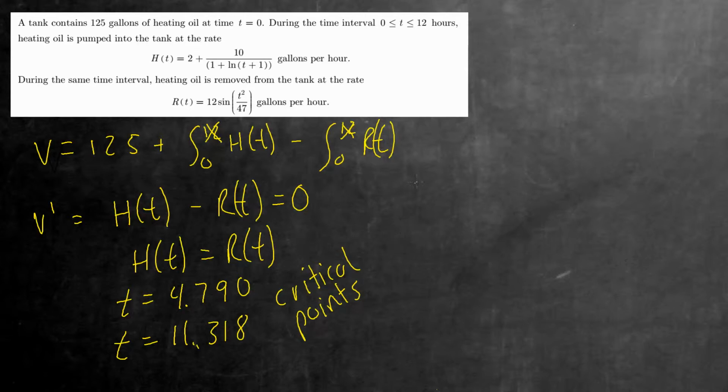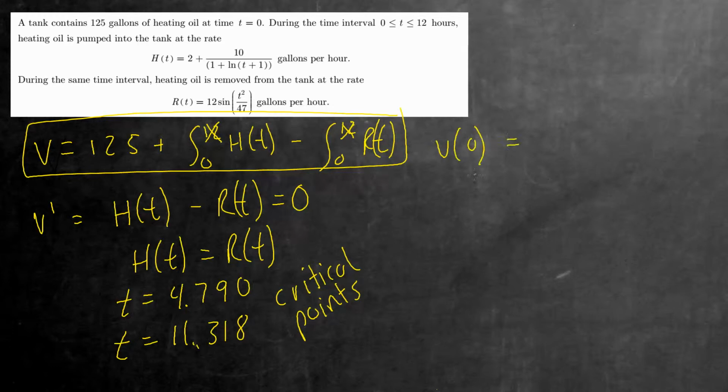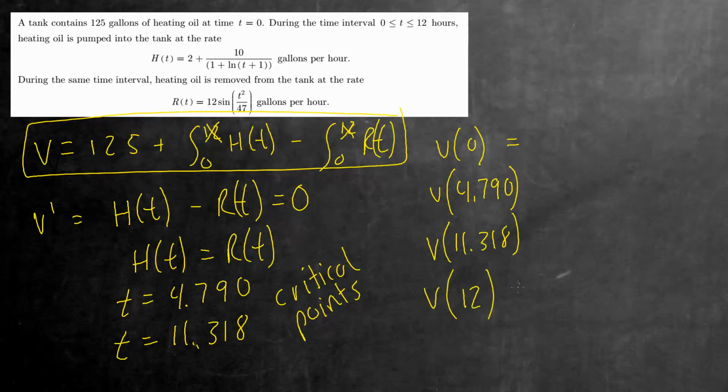So we can find our volume using our volume equation for 0, for our two critical points, 4.790 and 11.318, and for 12.